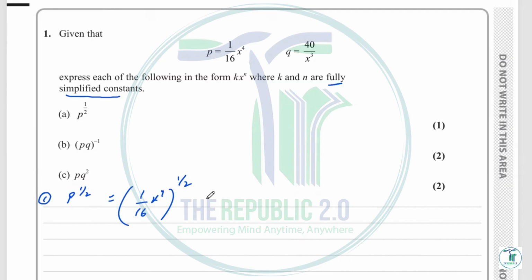So I can write it like 1 by 4 x square, whole square, to the whole power of 1 by 2. This 2 and 2 would get cancelled out, and you would have the final answer as 1 by 4 x square, right? Where k is 1 by 4 and n is 2 are the fully simplified constants.